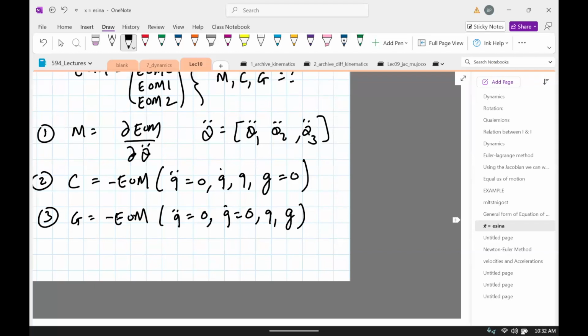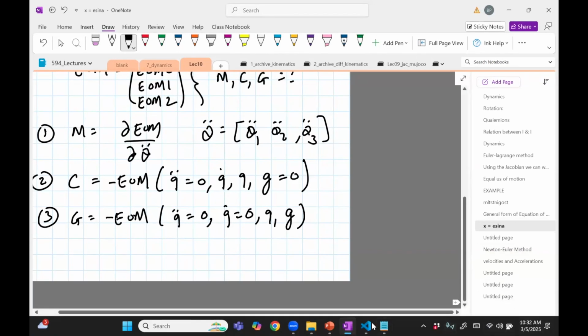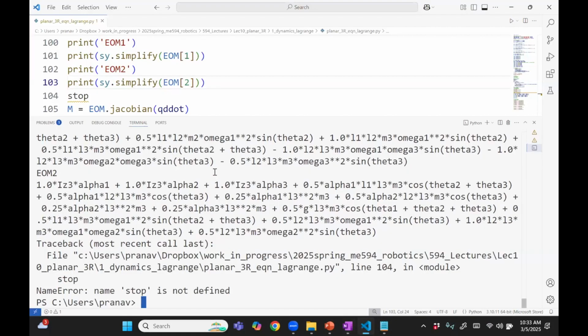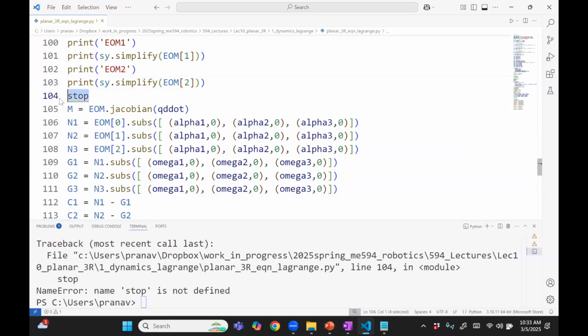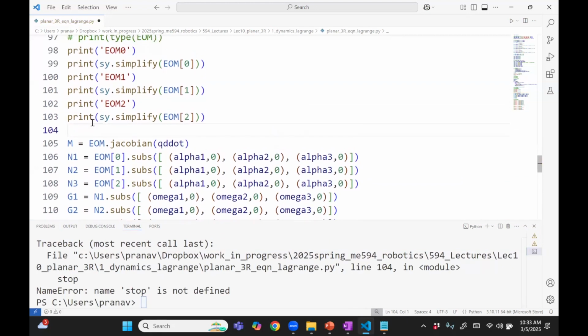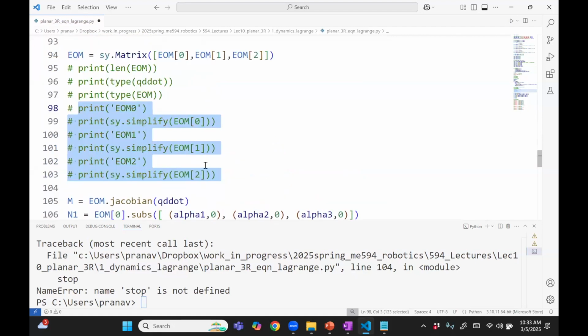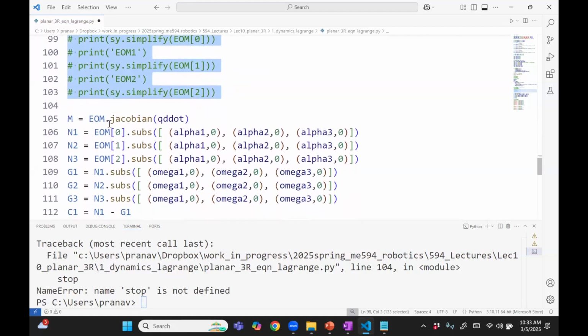I think that's what I did. So if you go back to my code, okay, let's not make it simplify. So for M, I took the Jacobian of this to get N1, N2.